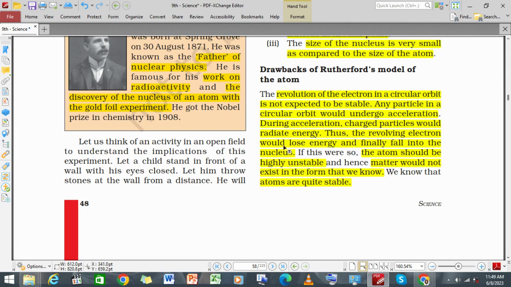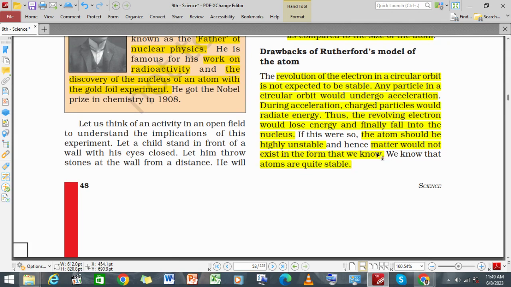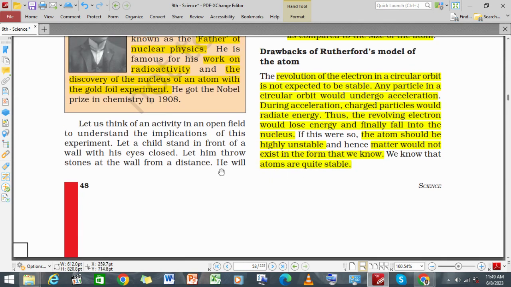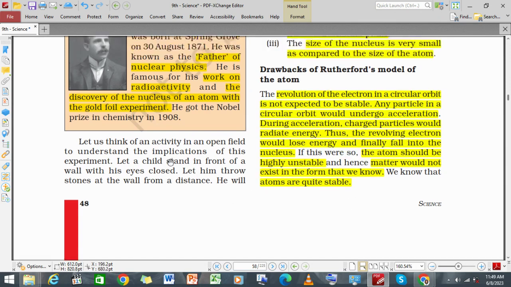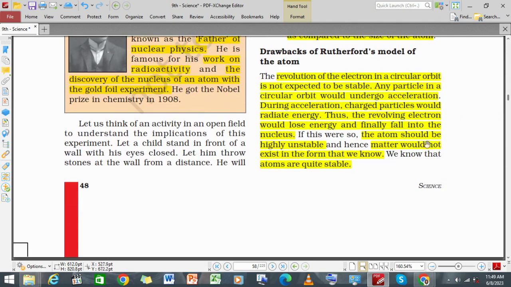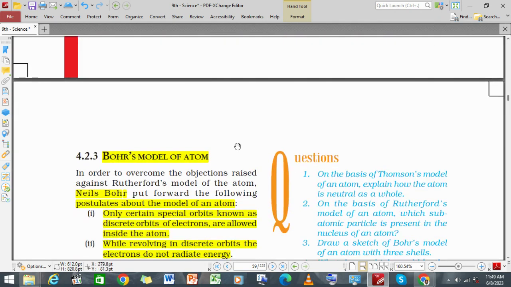Thus, the revolving electron would lose energy and finally fall into the nucleus. After losing energy, it will fall into the nucleus, and the atom should be highly unstable because of that. But atoms are quite stable, whereas as per Rutherford's model, it was expected that atoms would be quite unstable.